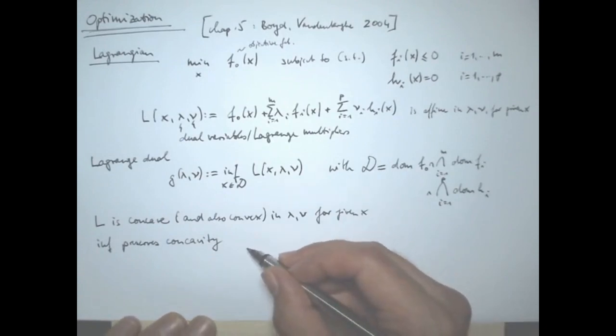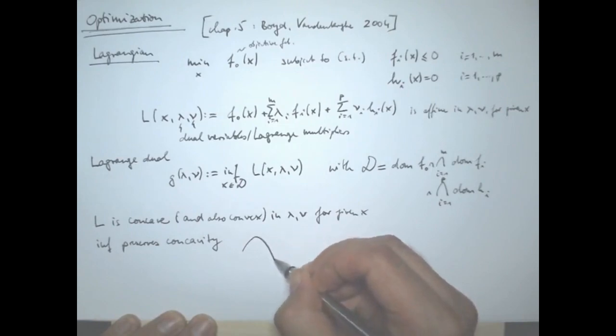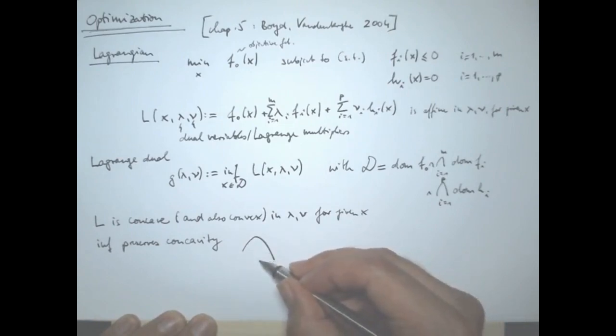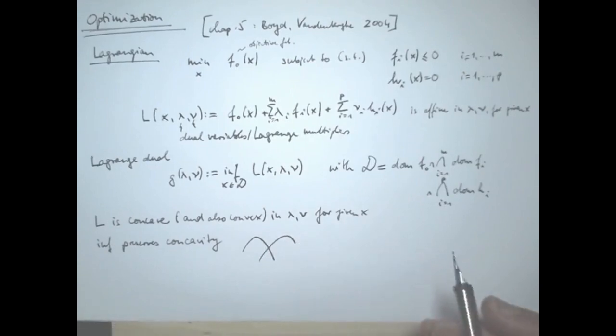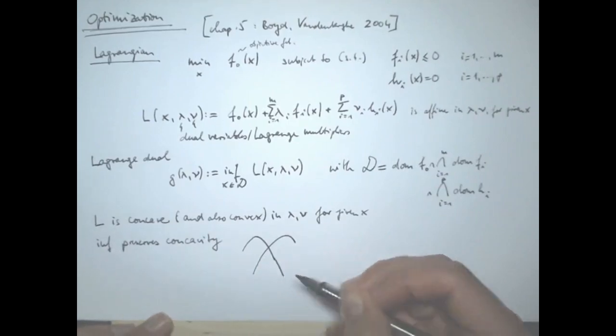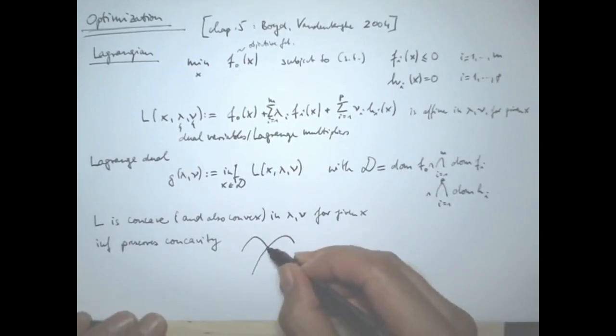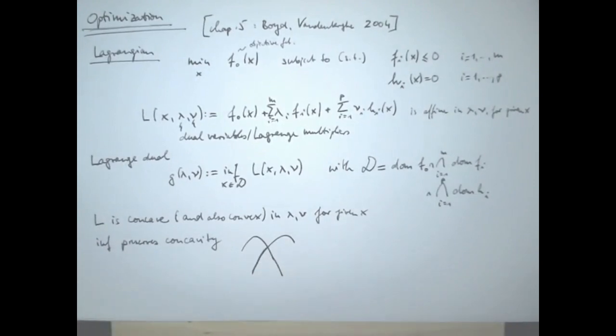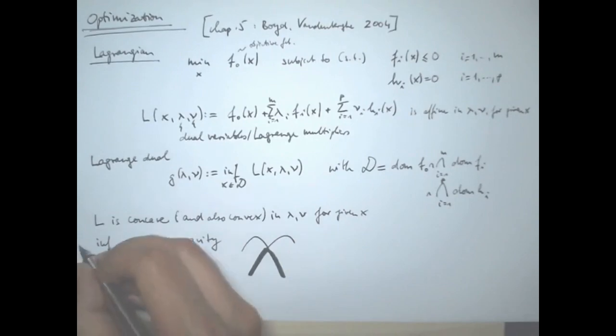An easy way to see this would be if we have, let's say, a concave function here and another concave function, then the infimum is going to be at each location the lower of those. So the infimum of these two curves is going to be this one here. And this is still concave. In fact, it's more concave than the original terms. So this is what I mean when I say that the infimum operator preserves concavity.